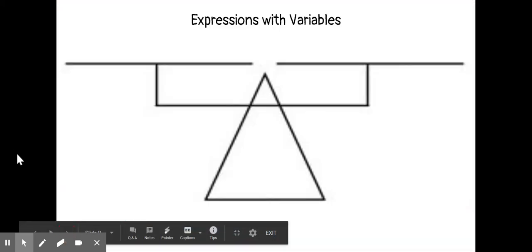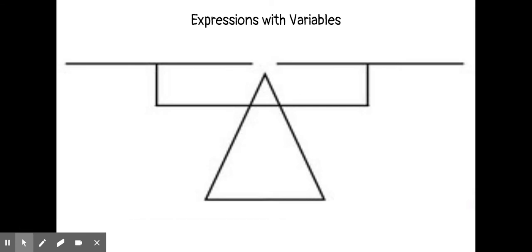So let's go ahead and write some more expressions, and this time we're going to add variables. A variable is a letter, and that letter can represent any value. It's an unknown value, which is why we use a letter, because we don't know what it's worth.